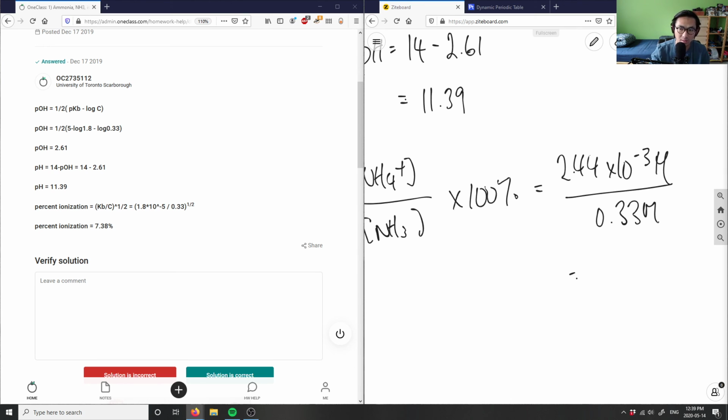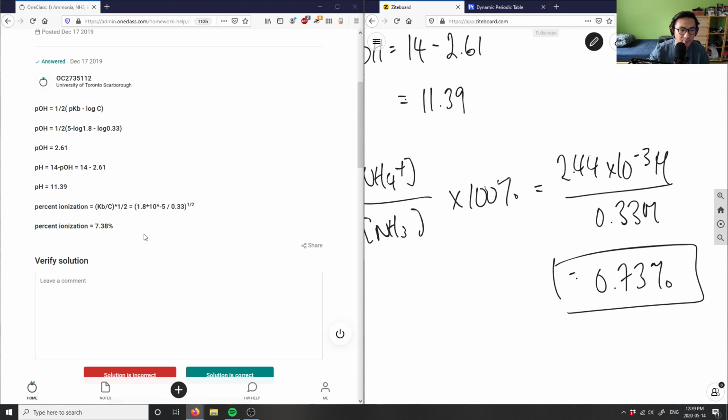Yeah, so I think it's actually 0.73 here that would be our solution, because again it's just the concentration of ammonium over ammonia times 100 that is our formula for the percent ionization. And yes, this would give me 0.73%. So this here is my answer, and they got 7.38.